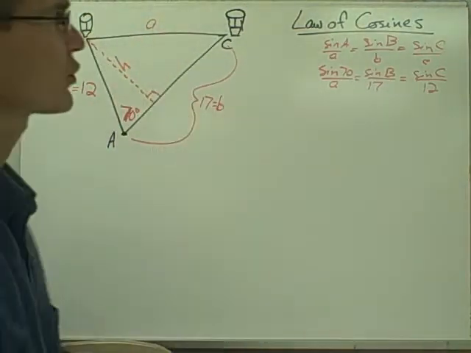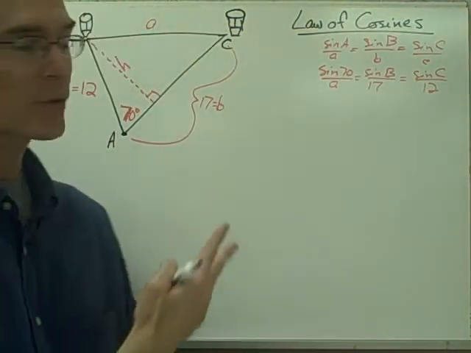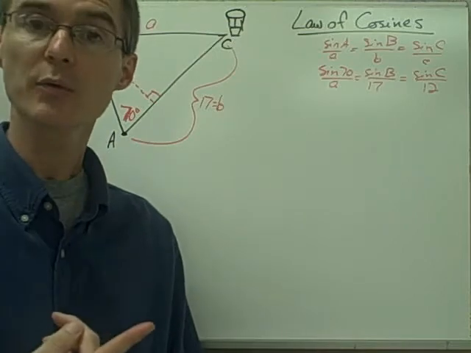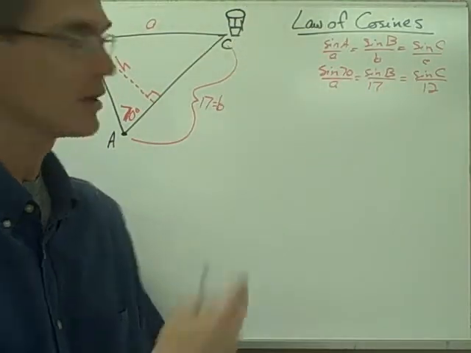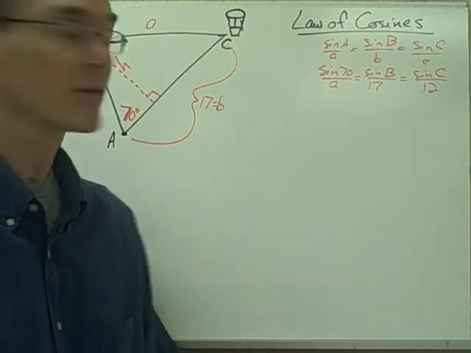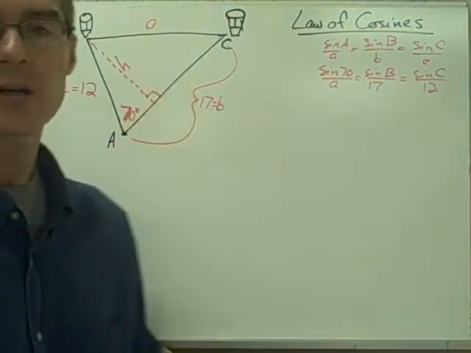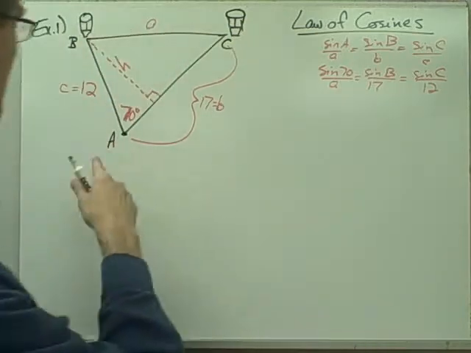Now we've created two right triangles, and we're going to use three things. We're going to use the cosine ratio, and then we're going to use two versions of the Pythagorean theorem on these two right triangles in order to come up with the law of cosines. So let's see what that's going to look like.